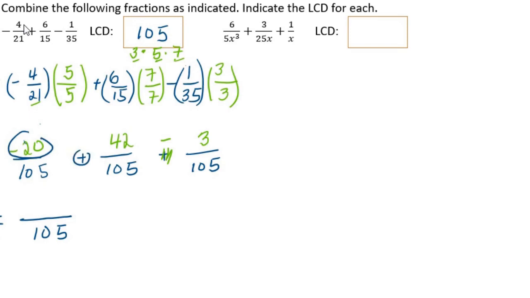So minus 20 plus 42, which you can probably do in your head as well, and then we'll subtract 3. We end up with 19 over 105. 19 is prime, 105 isn't divisible by 19, so I know that we can't simplify that fraction any further. So 19 over 105 is our final answer.